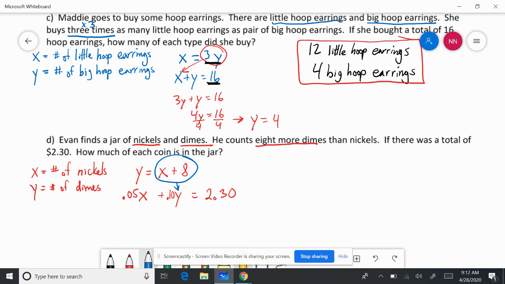So what we have is 0.05x plus 0.10. Now instead of y, what we have is x plus 8 and then that's equal to $2.30.